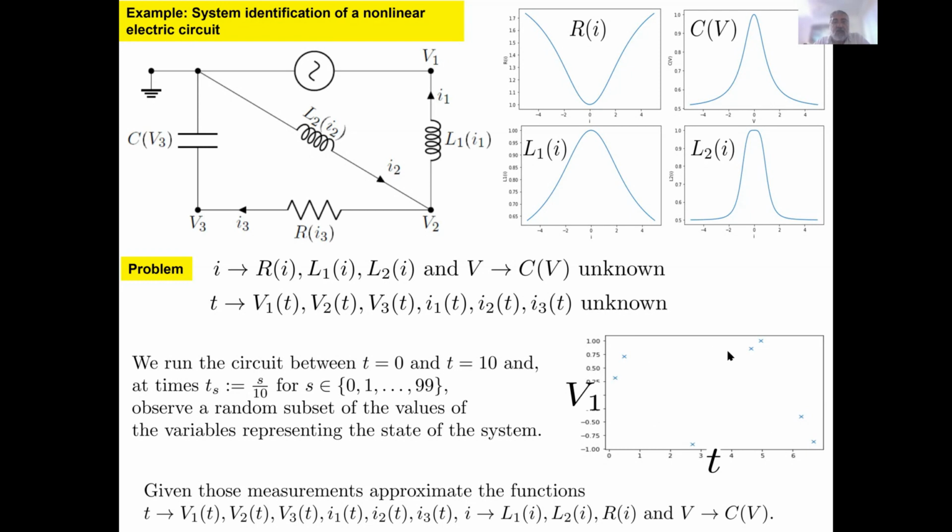So we make a total of 7 observations or measurements on V1. Now, given those measurements, consider the problem of approximating all the unknown functions, identifying their RLC parameters as a function of voltages and currents, and identifying all the voltages and currents in the circuit as a function of time.